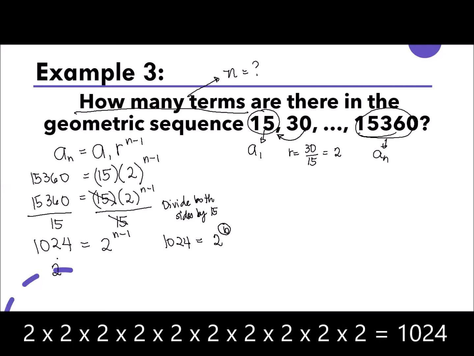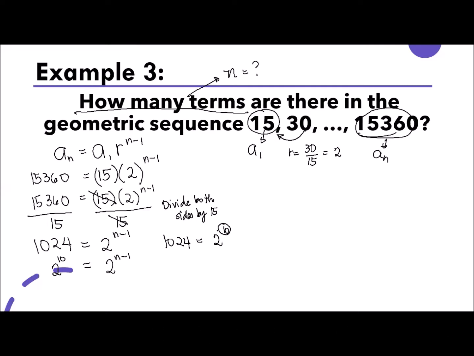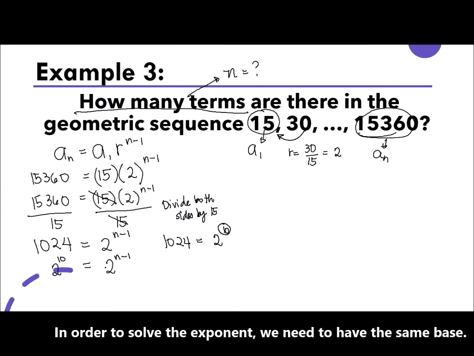So, we're going to write it as 2 raised to 10 is equal to 2 raised to n minus 1. Okay? Bakit naging ganun? Kasi equal naman po si 1,024 kay 2 raised to 10. So, we could replace it. Bakit po ganun? Because in exponential form, para ma-solve mo yung mga exponents, dapat parehas tayo ng base.